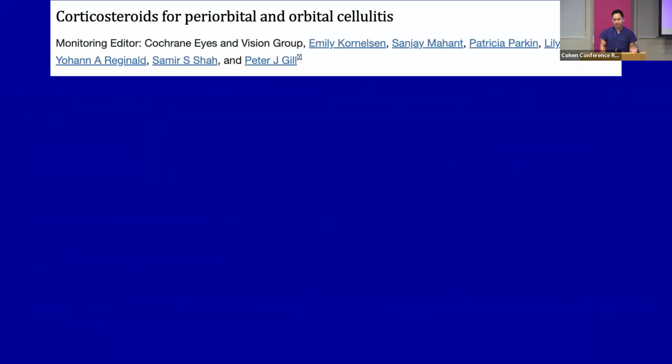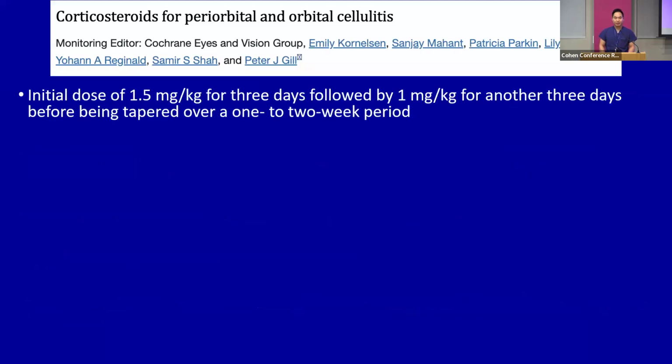Regarding steroids, there's not a whole lot of evidence supporting or going against steroids for these non-surgical treatments. And even more controversial is the dosing. No one really knows what the dose is and how long you give it to them.